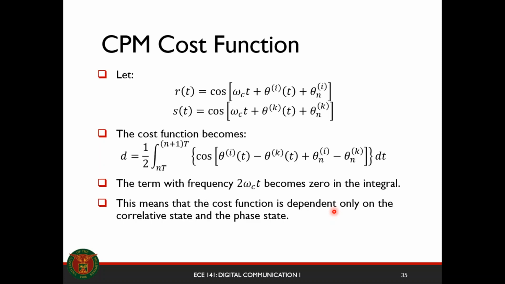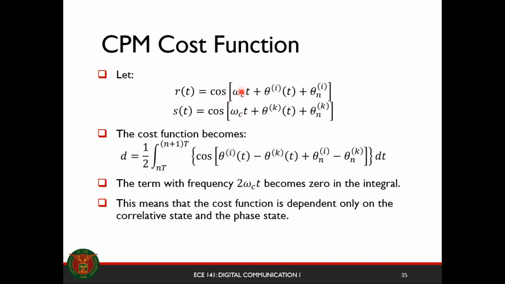Okay? If we let R of t and S of t be these functions right here, where R of t is some phase modulated signal, theta of t, and some correlative phase state, theta n, and S of t would be something completely different, the cost function will become this value right here. Recall that this integral represents a low-pass filtering.